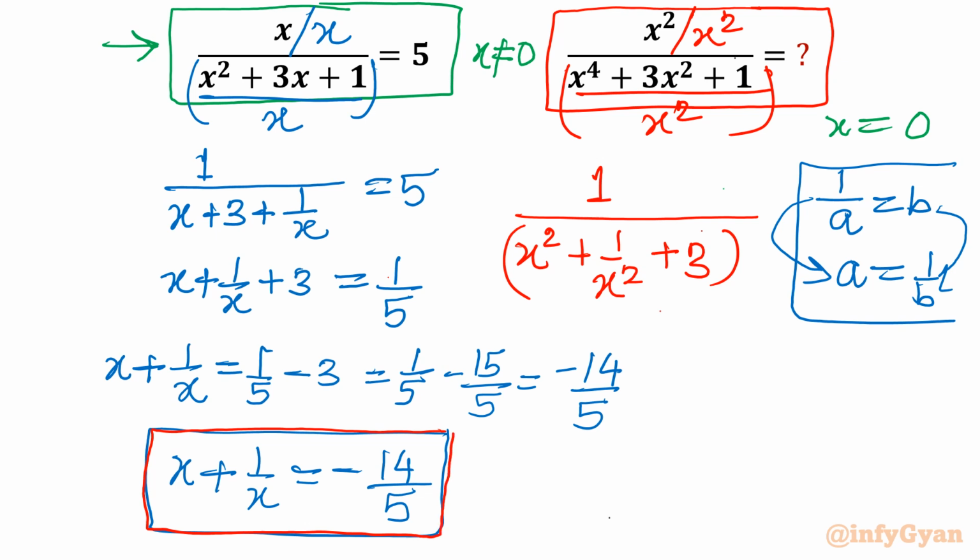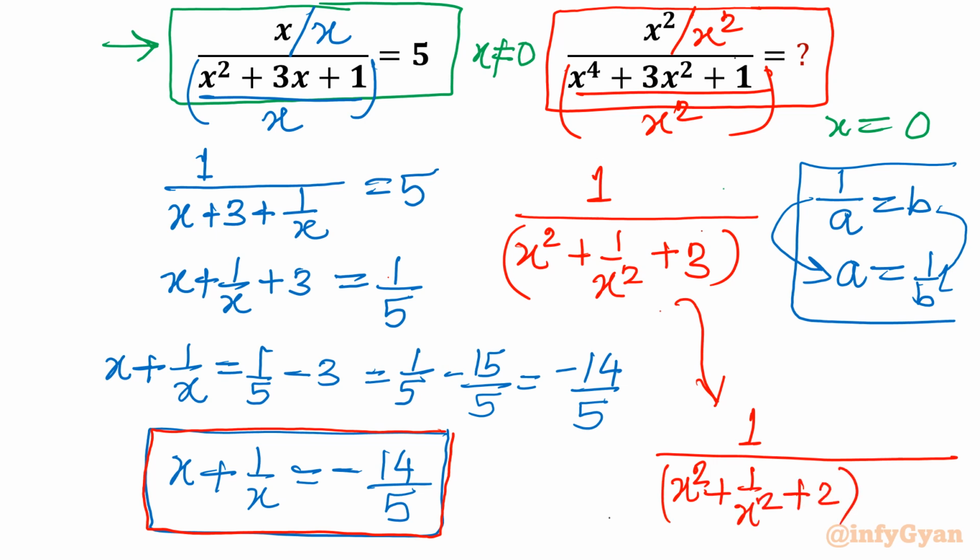Now it is a normal question, I guess. Why? Because we have solved a number of problems based on that. So from here, I can write x square plus 1 over x square plus 2, so now it is x plus 1 over x whole square. And what is left extra? That is 1. Now you can see this term is x plus 1 over x whole square, this bracket only.